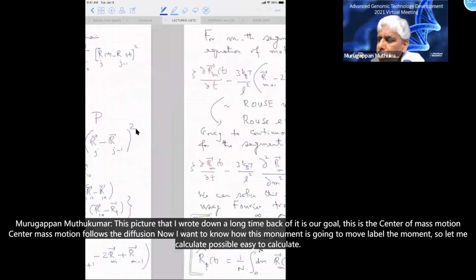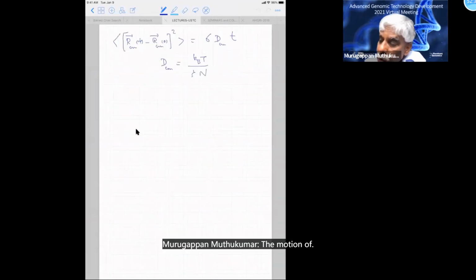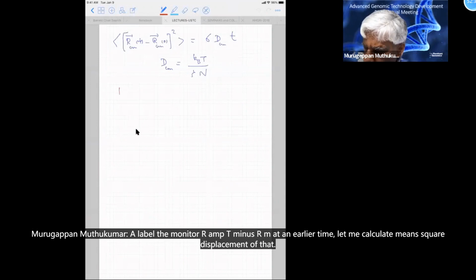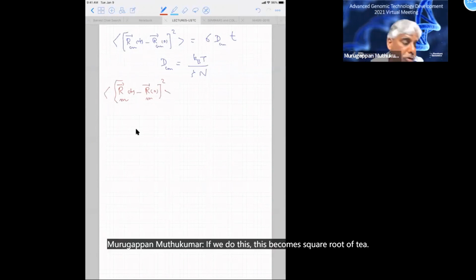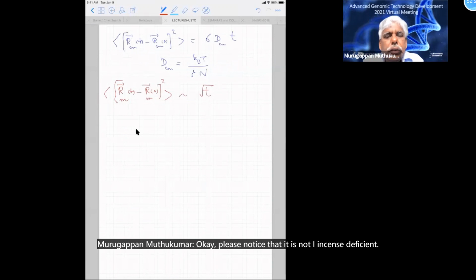So let me calculate the motion of a labeled monomer, R_m at t minus R_m at an earlier time. Let me calculate the mean square displacement of that. If we do this, this becomes square root of t. Please notice that this is not Einstein's diffusion.